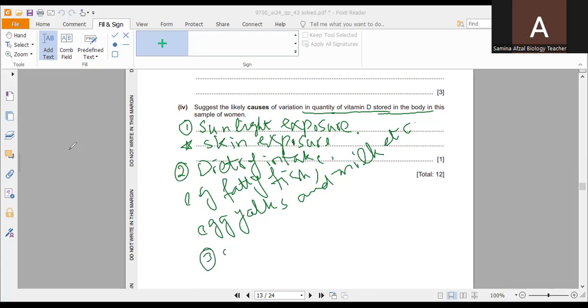Number three, supplements can also increase the quantity of vitamin D stored in the body of different persons.